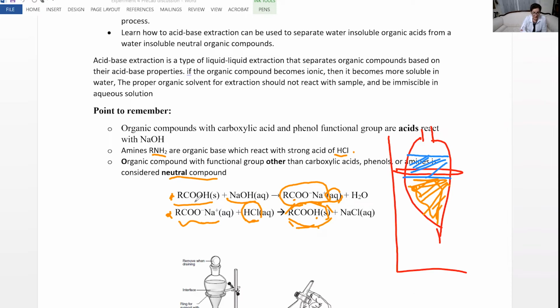So if you had something insoluble in water, reacted it with sodium hydroxide, it changed to the soluble form and goes to the aqueous layer, and that's how you separate it. And that's how you recover it from the aqueous solution.